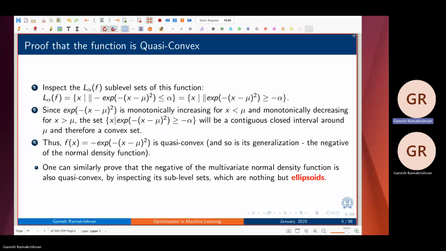So very similar to this. Where was it? Yeah, I talked about this earlier. Basically looking at a closed interval. Yeah, sorry, here. E raised to minus alpha, e raised to alpha. Similarly, now you're expanding this bounded interval in multiple dimensions. So these are actually ellipsoids. You can try writing it down. I won't spend more time on this.